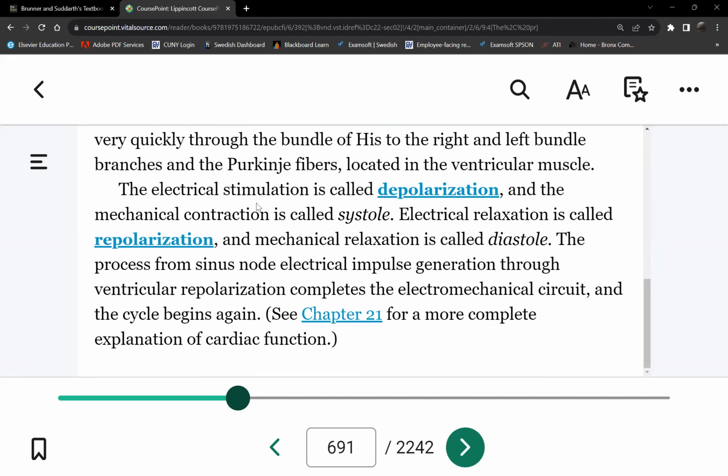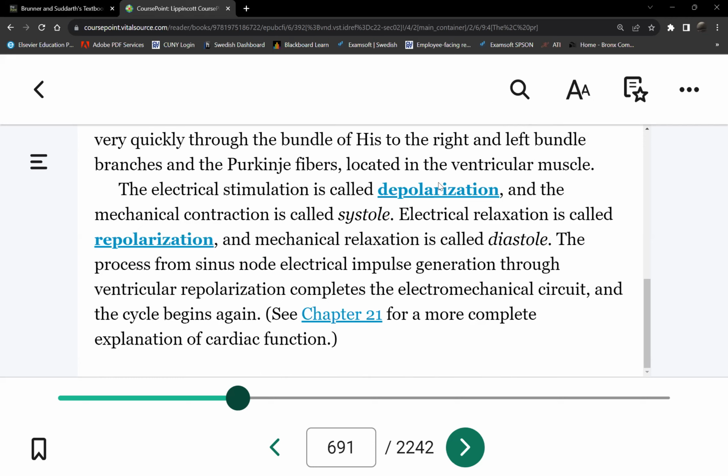A few terms here when we get to the next page. Depolarization is also called contraction. Repolarization is also called relaxation, meaning in depolarization, a myocardial cell is already full of positive charges, meaning there is so much calcium and potassium inside that it needs to discharge that energy.